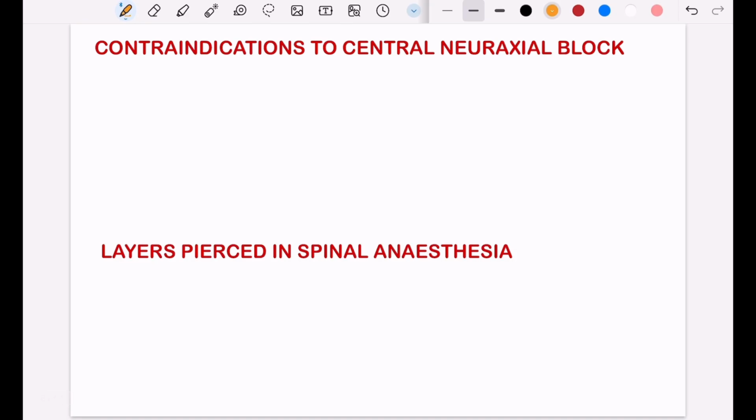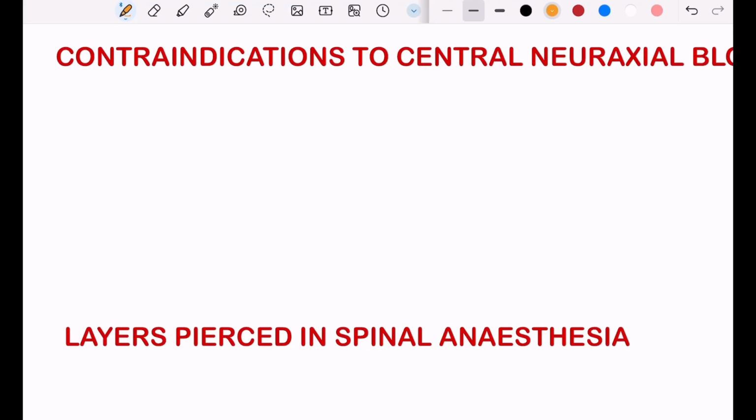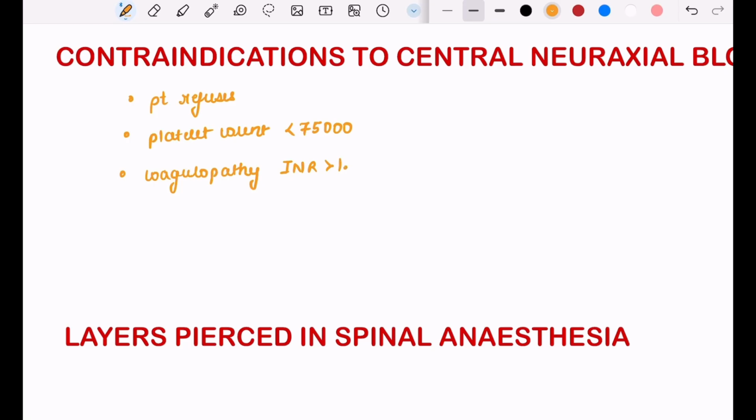What are the contraindications for central neuraxial block? The first contraindication is if the patient refuses. The second contraindication is platelet count less than 75,000. The third contraindication is coagulopathy, INR more than 1.5.